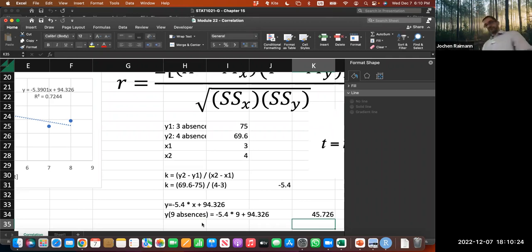So somebody who misses 9 classes is predicted to have an exam score of 45.726. Simple, right? This is how you can utilize those insights from your data, and you bring your data to work, because now you use your data and your estimate, your model. This is a so-called regression model.